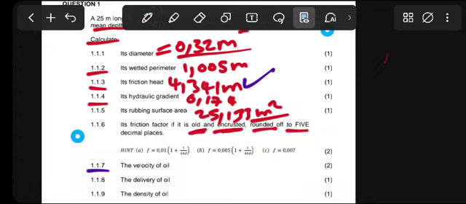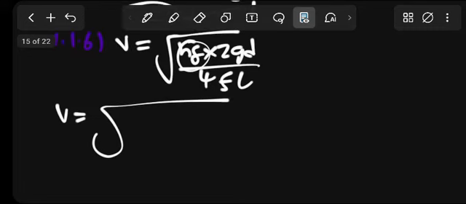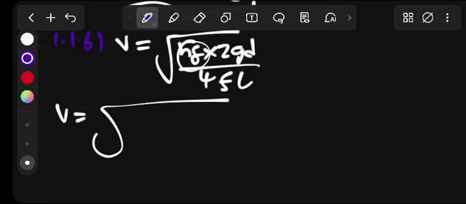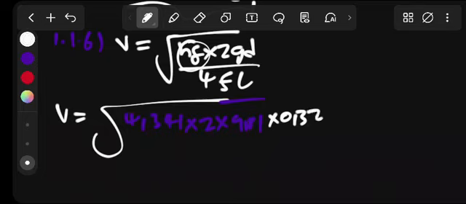All of these values, guys, we did, whereby it is 4.341 multiplied by 2. The gravity is 9.81 multiplied by, again, the diameter, 0.32.